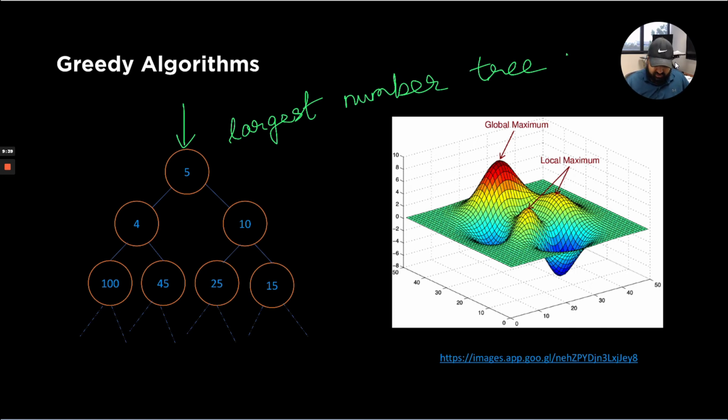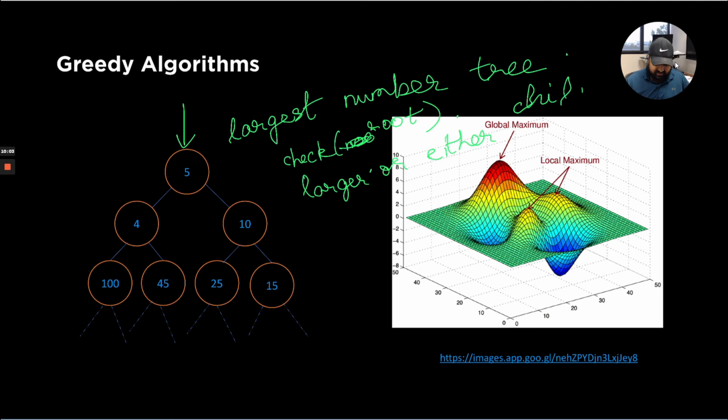What you can do is check the node, which is the root in this case, and then depending on whether either of the children are larger, you go in that direction. So 5 would be compared with 4 and 10.